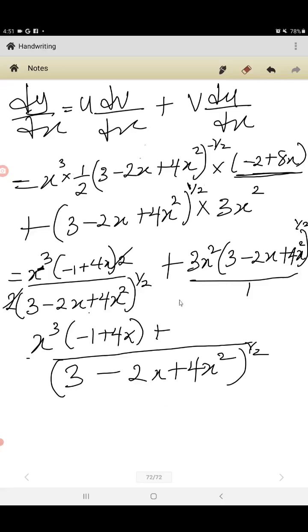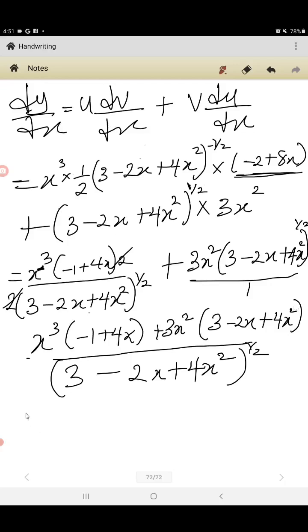So this will not be 3. It will be 3s squared onto 3 minus 2x plus 4s squared, over 1, but that is all.